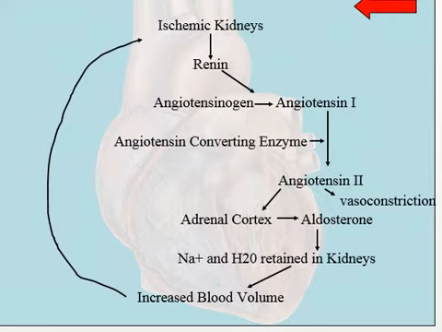Okay? Angiotensin 1. But Angiotensin 1 isn't the active form of the hormone. It needs to be converted into Angiotensin 2, the active form of the hormone, and that occurs because there's an enzyme primarily in our lungs called angiotensin converting enzyme, also known as ACE.